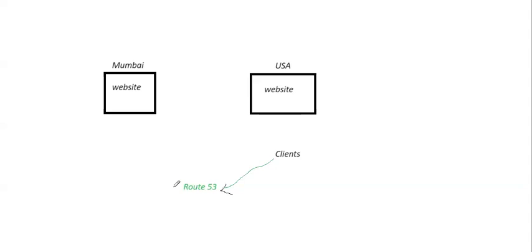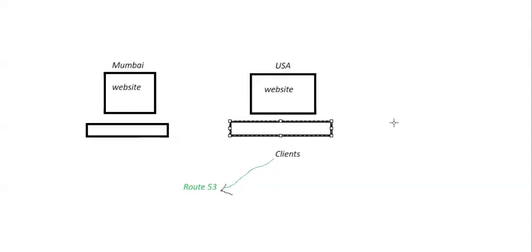After that, this Route 53 will distribute the traffic among load balancers. Let's say there is a load balancer in this Mumbai region, and in this USA region I have a load balancer like this. What is the load balancer service in AWS?